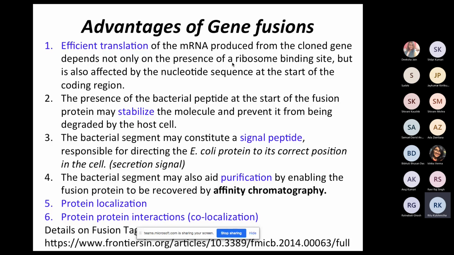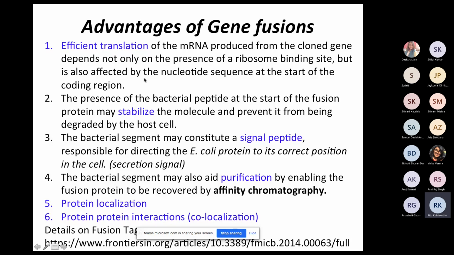But in many cases, it was realized that addition of a fusion tag either at the N terminal end or at the C terminal end was helping in many scenarios. Which scenarios are those? One is that if I was adding a fusion tag at the N terminal end, certain fusion tags, not all fusion tags, then they improve the translation of the protein manifold.